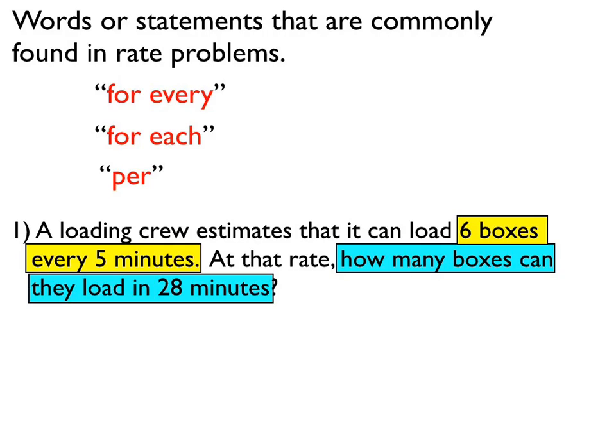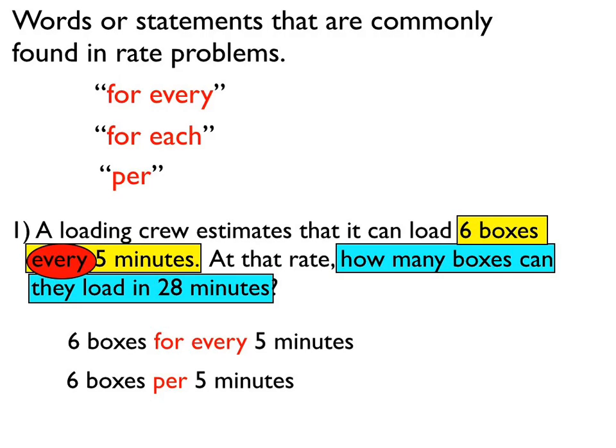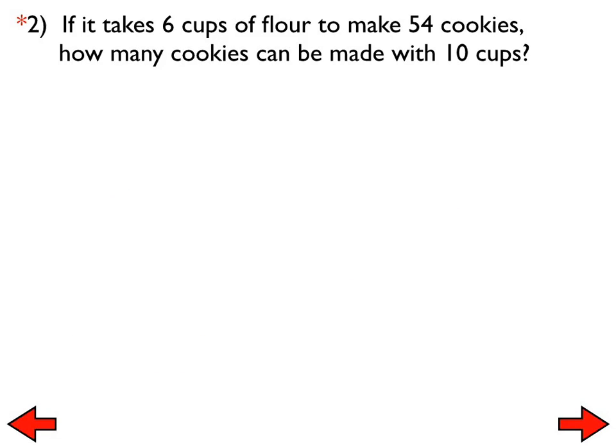In this number 1 that we just did, 6 boxes every 5 minutes, that's a key word that tells us we are given a rate, and then we're trying to find a rate. So that tells us that using a proportion is okay. That's the thing we have to make sure of. 6 boxes for every 5 minutes fits what we're trying to do. 6 boxes per 5 minutes. Those are different ways of phrasing it.